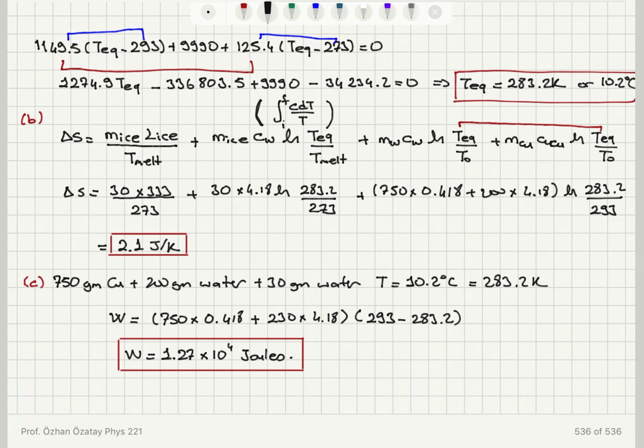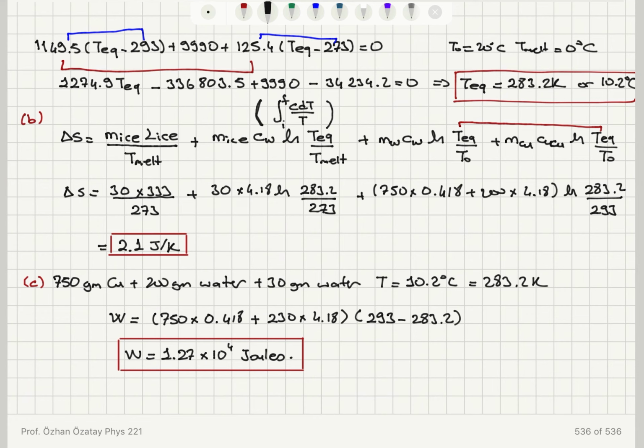And for the water and copper, similarly, I have the heat capacities multiplied by natural logarithm T equilibrium over T0, where T0 is 20 degrees Celsius, T melt is 0 degrees Celsius. So that's how I calculate the entropy change. So its numerical value is 2.1 joules per Kelvin.